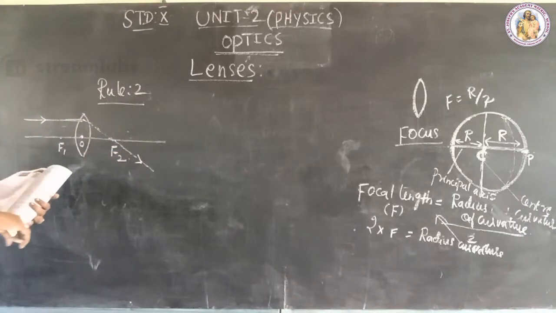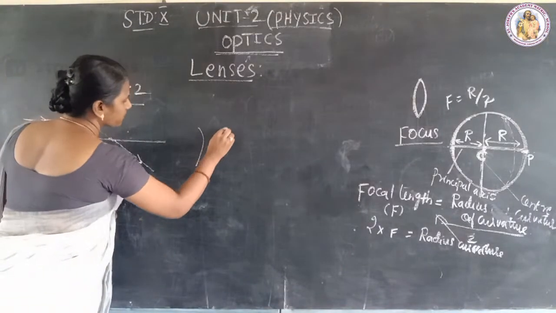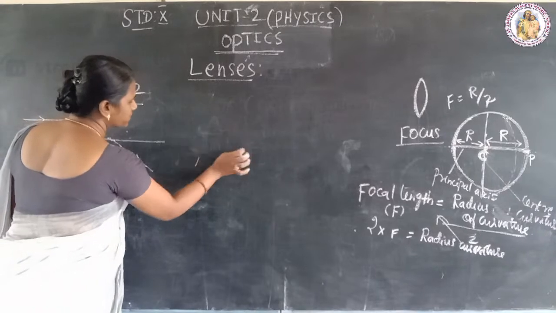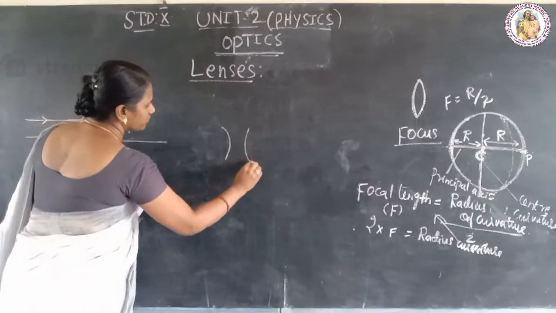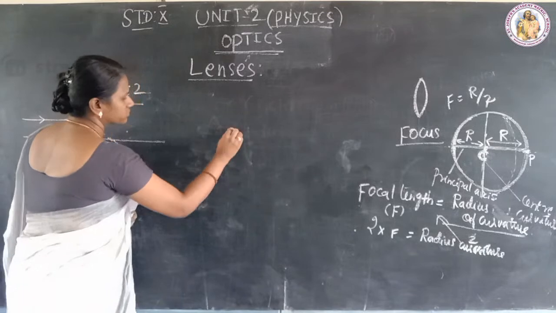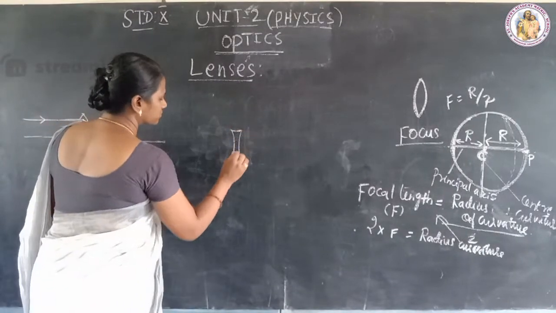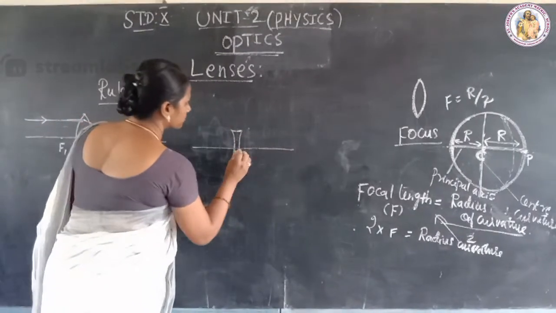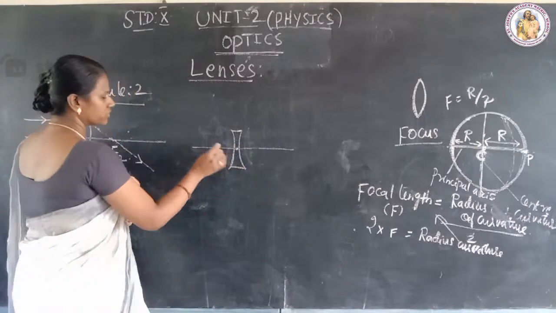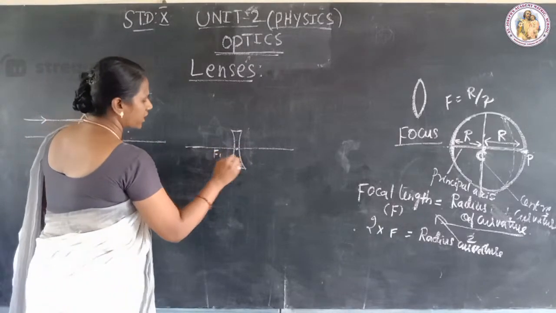See what happens in the concave lens? The same ray which is parallel to the principal axis, the center of the lens, F1 and F2.